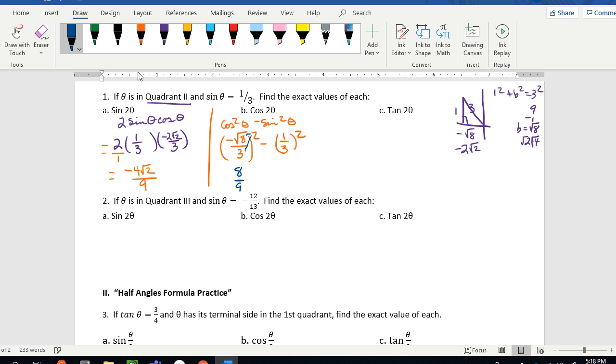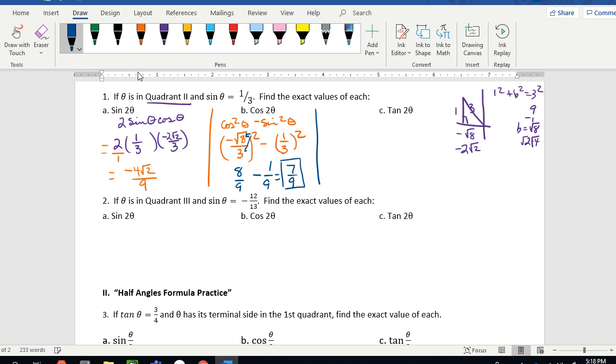This applies to both pieces. The next one is minus 1/9, which is a total of 7/9. I prefer squaring a perfect square as opposed to 2 times the root of 2 squared.